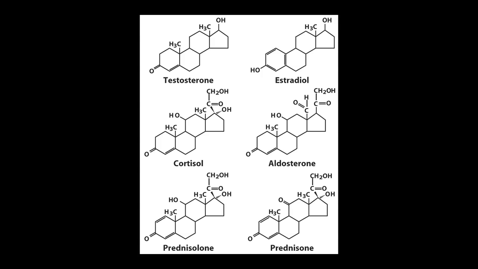And all of these, testosterone and so on, fall under the class steroid hormones. So all steroid hormones will have these 4 fused rings, which we call the steroid nucleus. And they got this from cholesterol. So cholesterol is a precursor molecule for the formation of steroid hormones such as testosterone and so on.